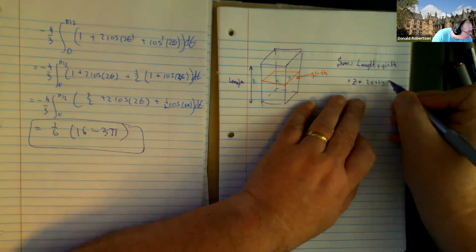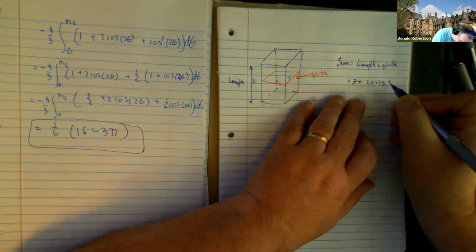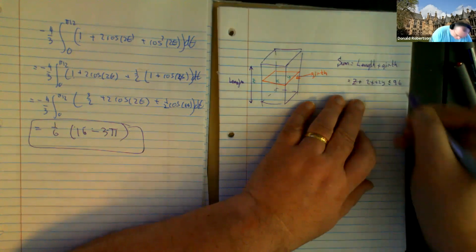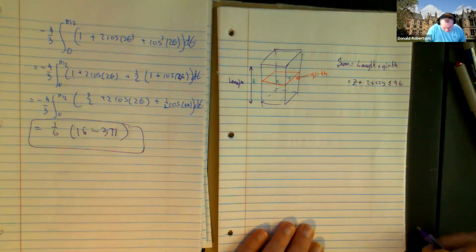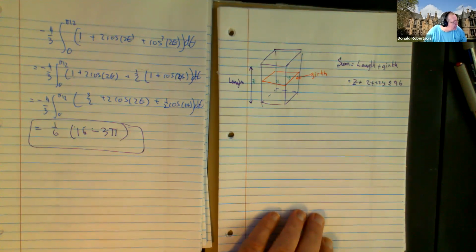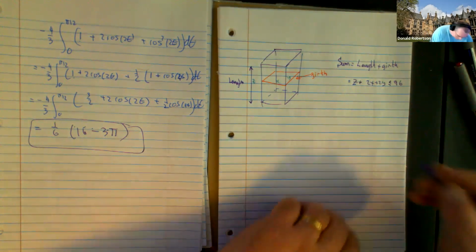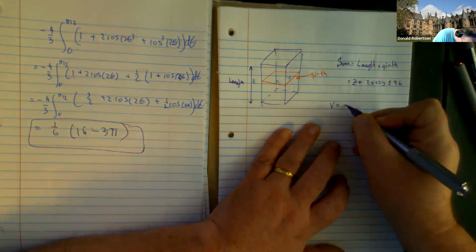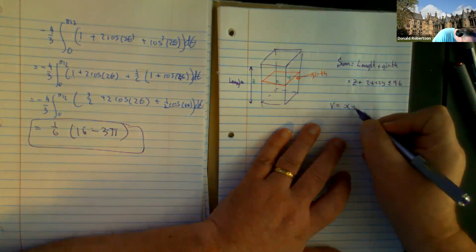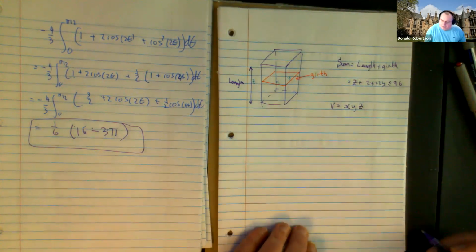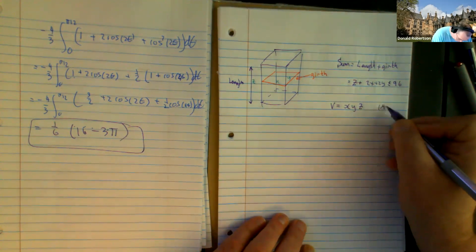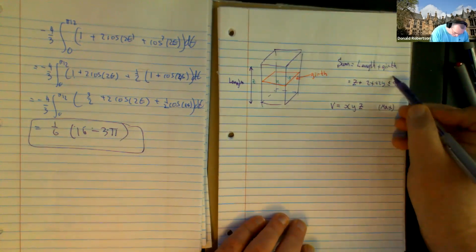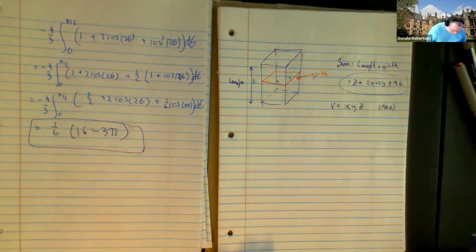And you're being told that it is less than or equal to 96. And we are trying to find the largest volume. So the largest volume is XYZ, right? That's the volume. So we're trying to maximize the volume subject to that constraint.